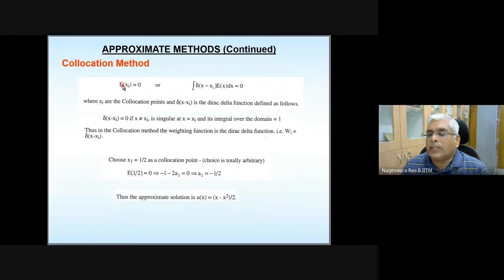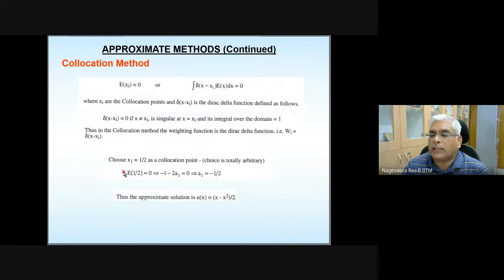Then you select a collocation point, and the collocation point selected here is the midpoint between 0 and 1, which is half. It is totally arbitrary. If you don't like the midpoint, you can select the quarter point. If you don't like the quarter point, you can select 0 or 1, and force the error function to be 0 at that point.